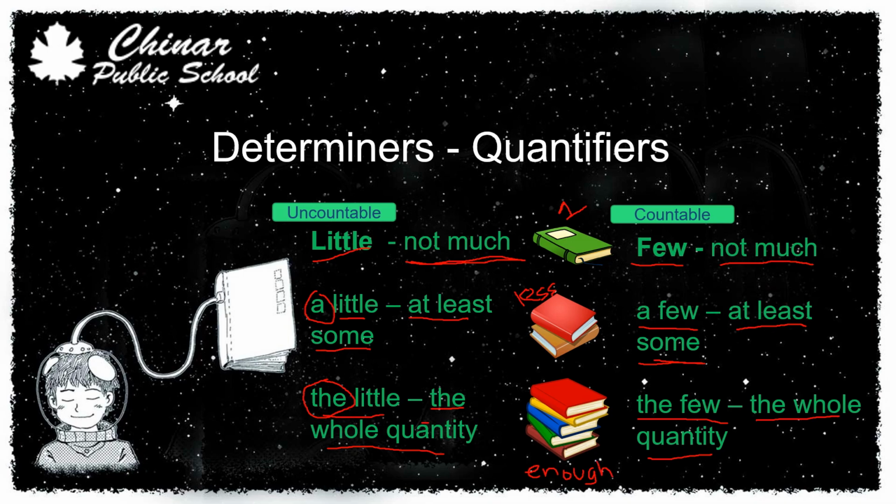Or maybe you needed only 3 or 4 or 5 books for the school, and the rest you did not need. So they were less, but they were almost sufficient for that day. So you use the few. In the same manner, you can use the little, which means less but almost whole. I hope you have understood these quantifiers.